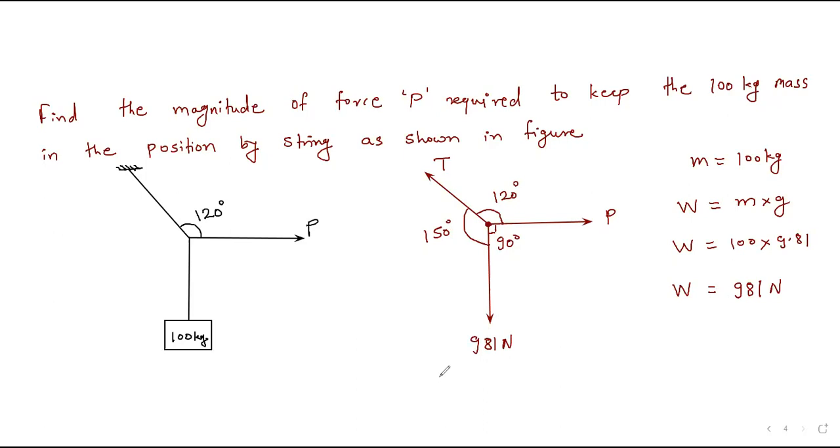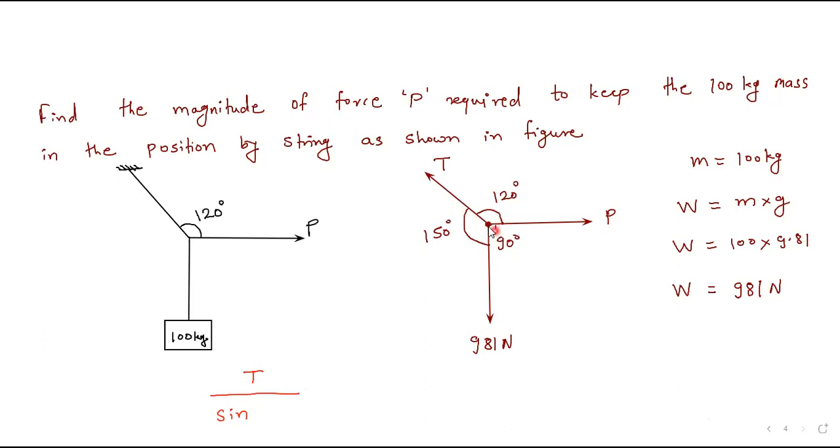Now we have to solve this numerical. We can use Lami's theorem, so I will write Lami's theorem below this. If I take the first force as T, the tension, T divided by sine of the angle between the other two forces.